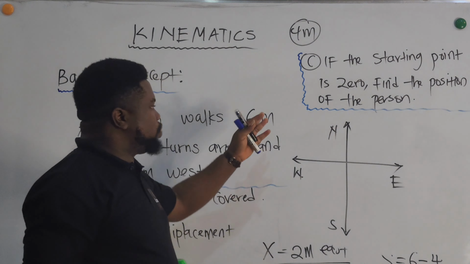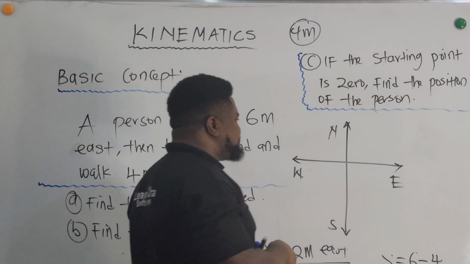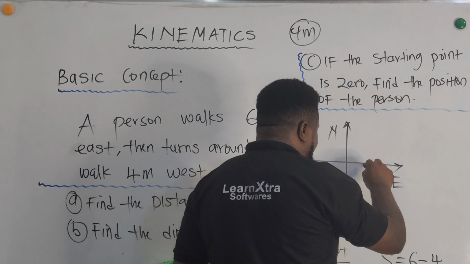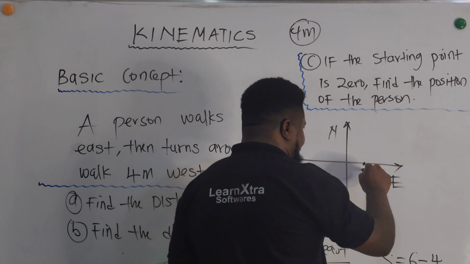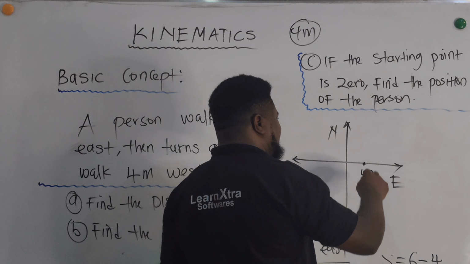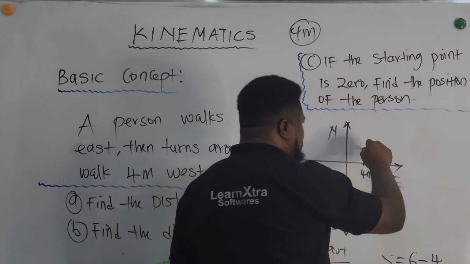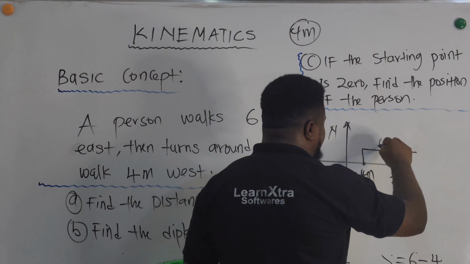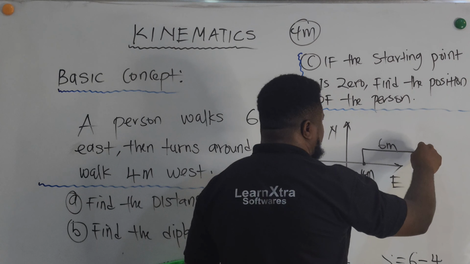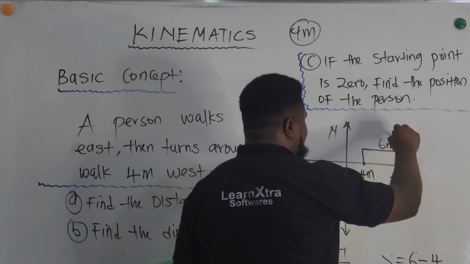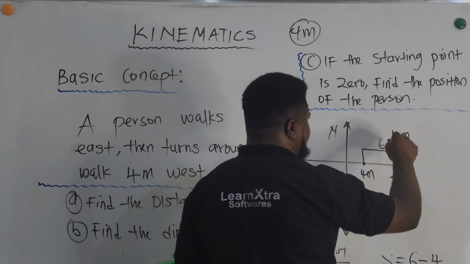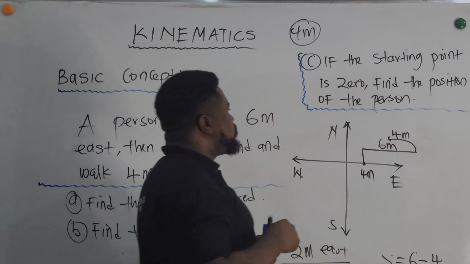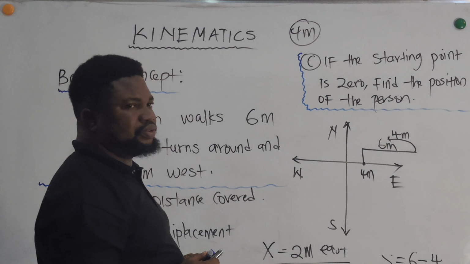Apart from solving this question, what if this person started from here, from 4 meters? He started from here, he now moved 6 meters, now turned back and moved 4 meters again. What will be his current position?